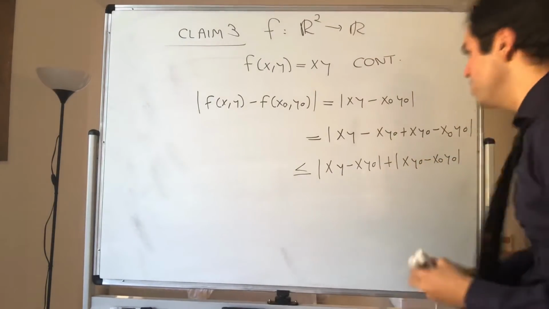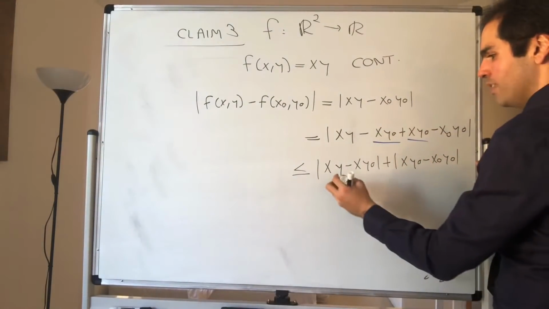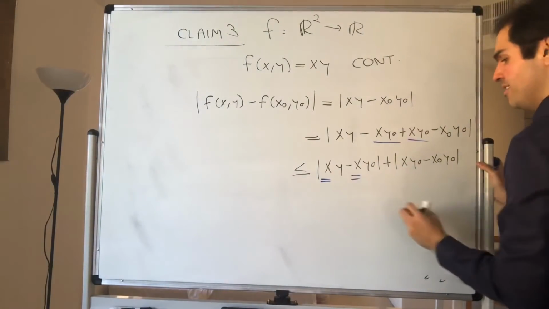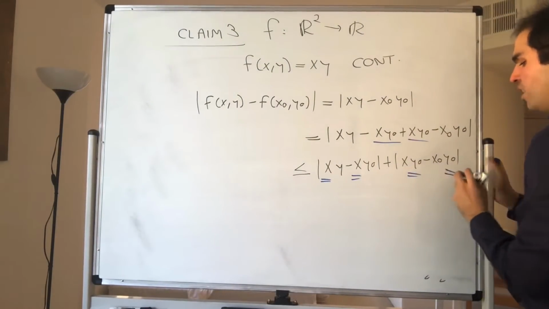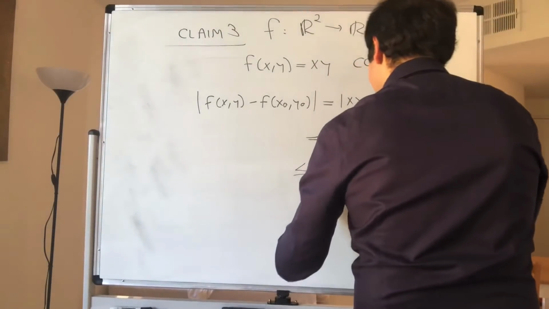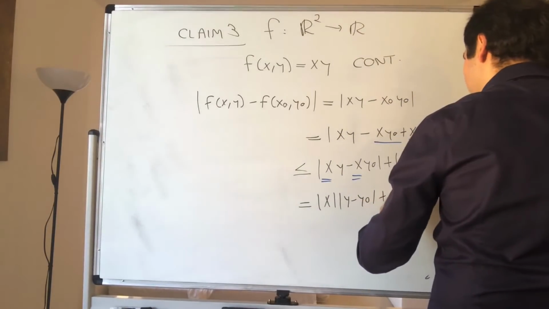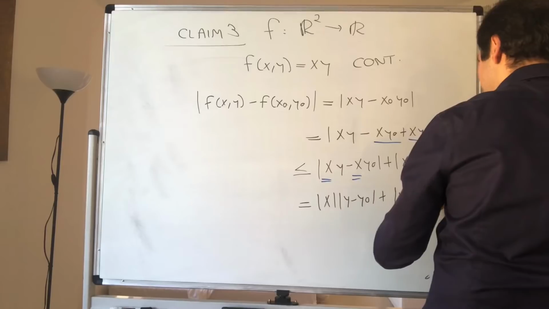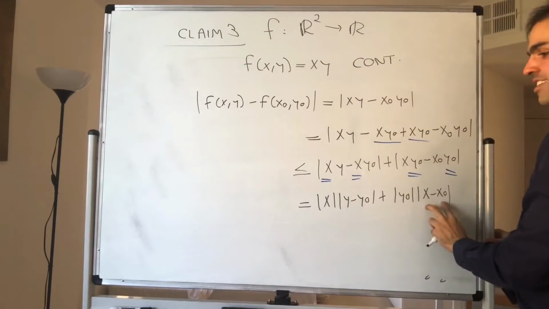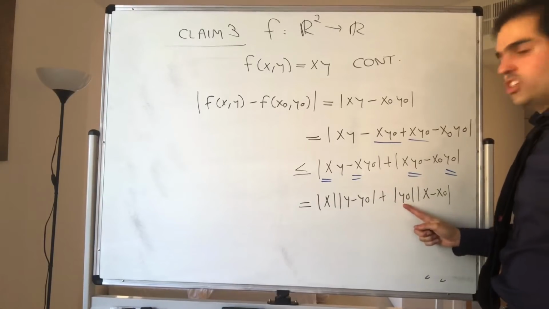So again, here we added this magical term, and we used the triangle inequality, but now notice, here x is a common factor, and here y₀ is a common factor. So we get |x||y − y₀| + |y₀||x − x₀|. So now we know this is small and this is small, so we just really need to control this, because this is pretty much constant.